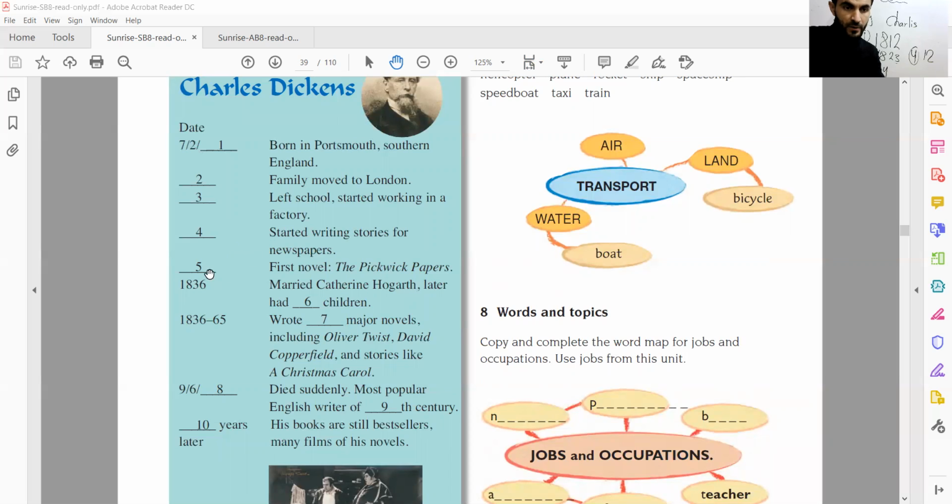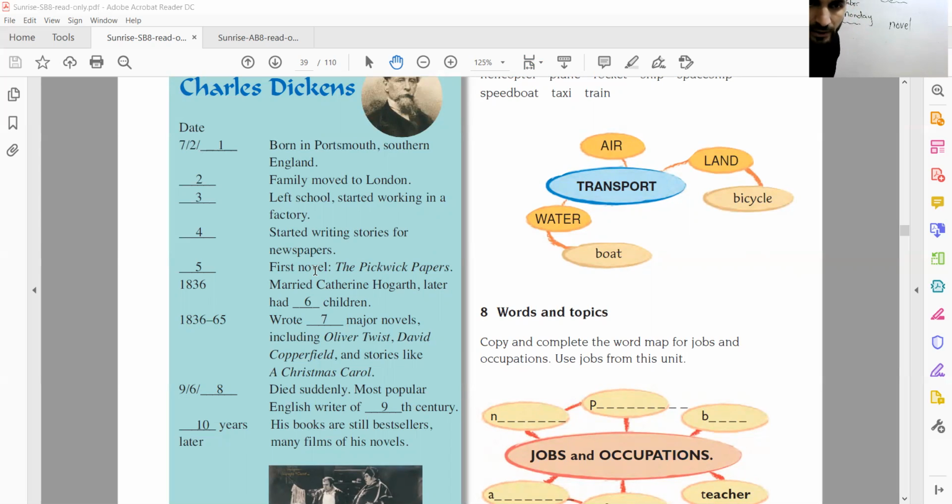1833, okay? Year 1833, he began writing novels like The Pickwick Papers, the name of his novel. So these are the answers: 1812, 1823, 1824, and also when he was 12 years old, he began writing his first book. So we've got novel.